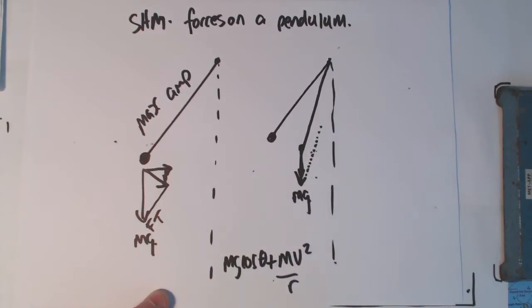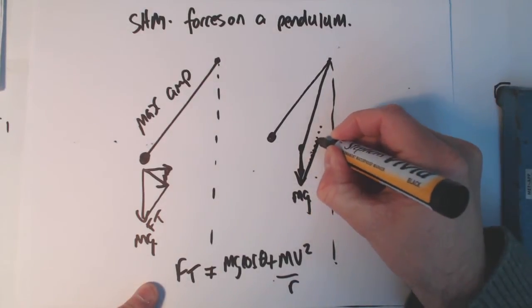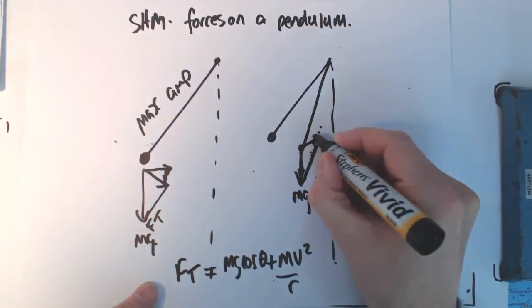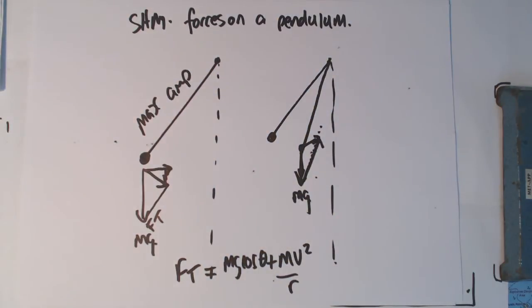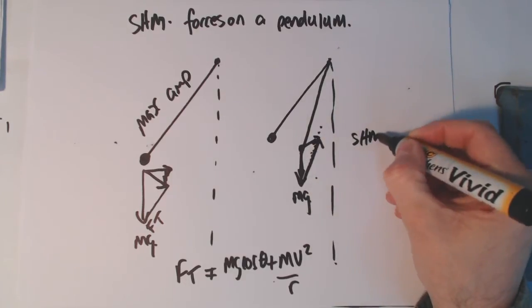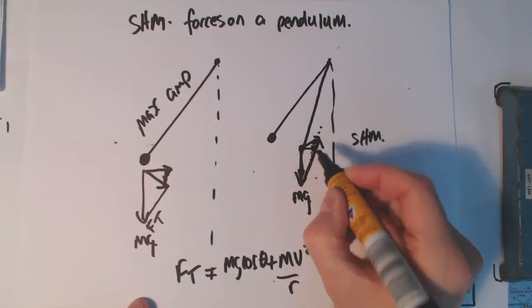But it must now supply the centripetal force. So this vector gets longer. So now your net force might be going up a little bit. And again, the SHM component is the component of the net force that is going horizontal.